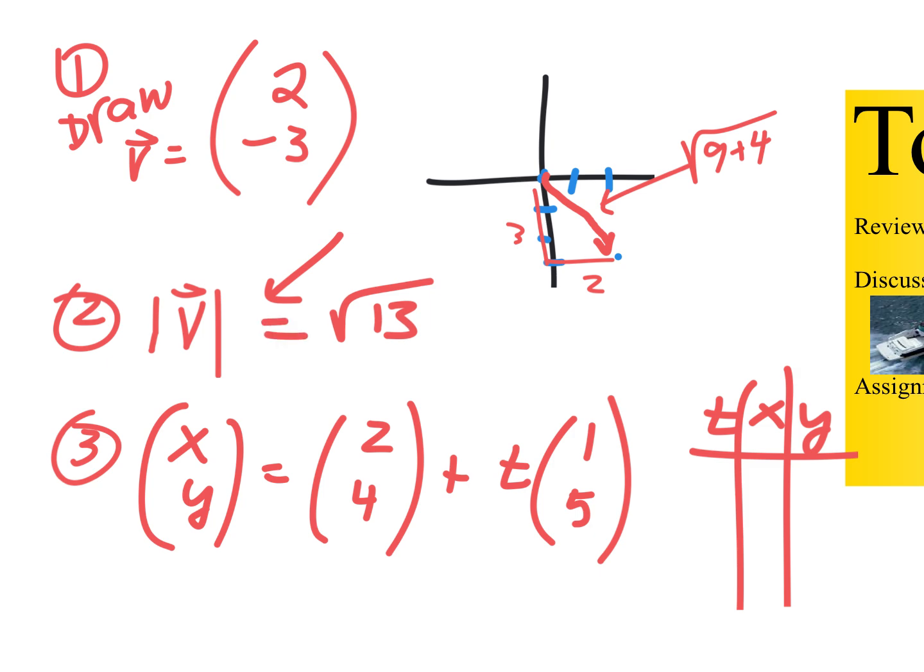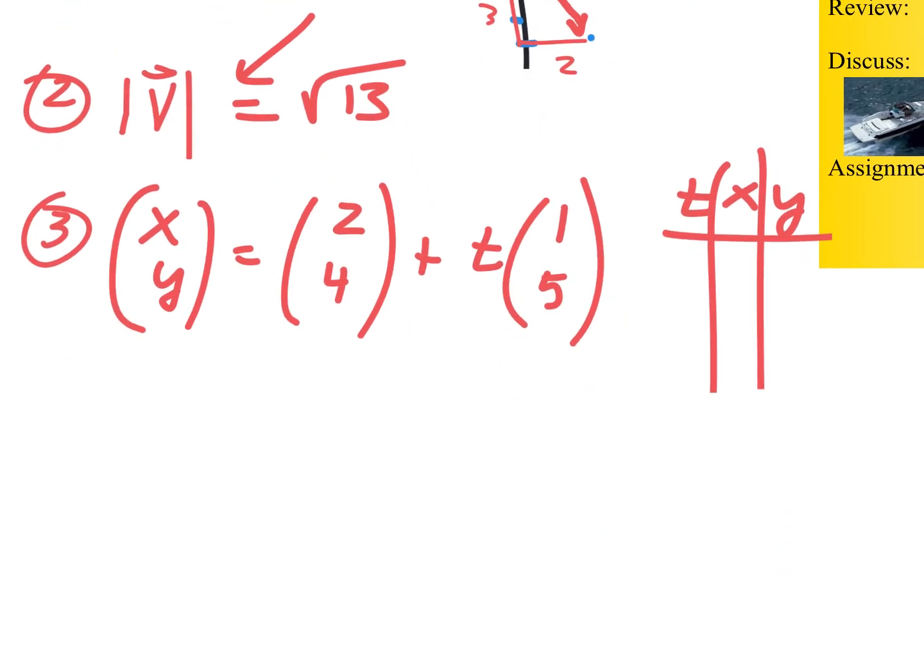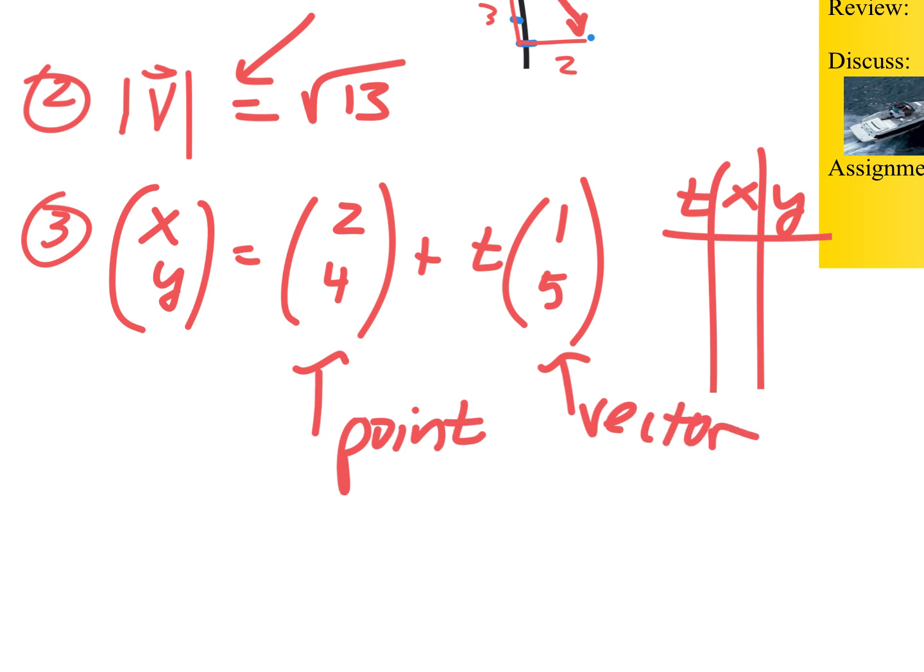And then last but not least, if you're looking at this, that's a point. If you did not know that, maybe you should take notes on this. And this is the vector, and they are different. So when it's written in this form, they're giving you a starting point, and they're telling you to move in those directions.